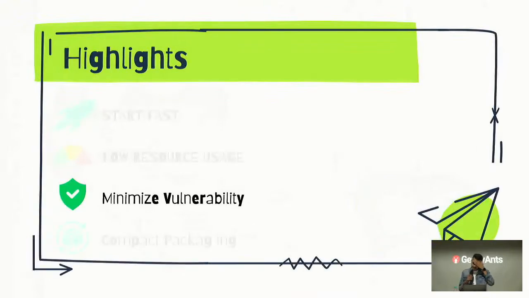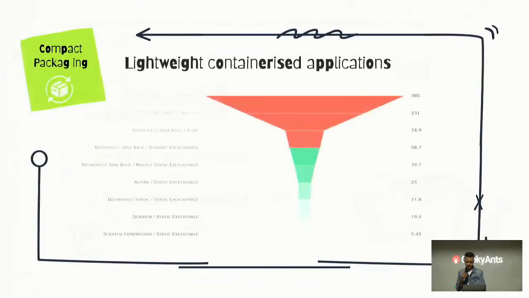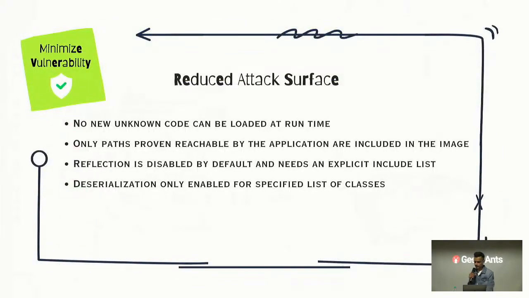Next feature is minimized vulnerability. So how it does that, we will see. I have listed some points here. As I said, no new unknown code can be loaded at runtime, because it does AOT compilation, ahead of time compilation, which gives you one native executable.